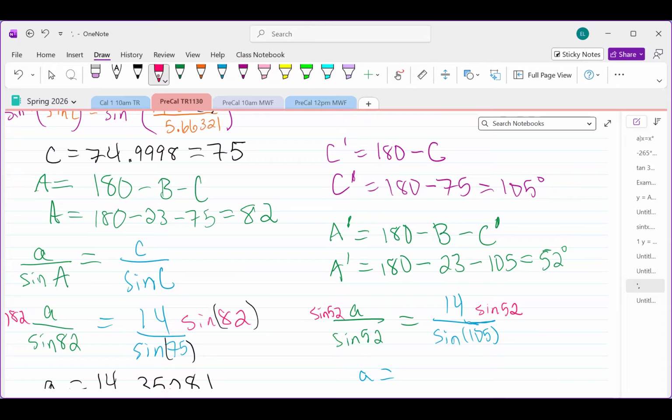And there's what we're going to type in for our calculation: 14 sine 52 close divided by sine 105 close. 11.421322, blah blah. I always forget the prime markers.